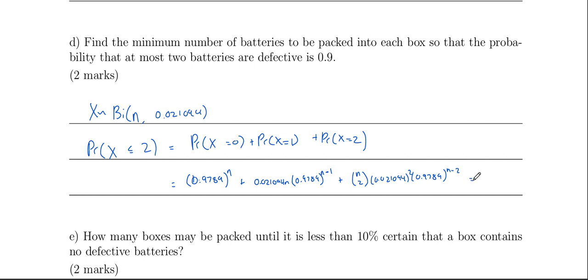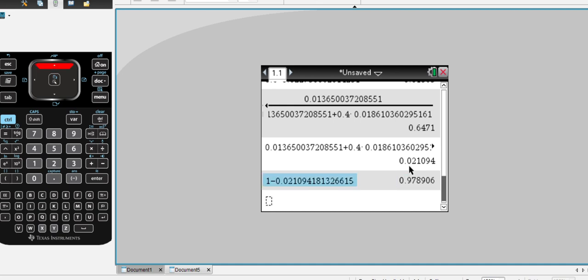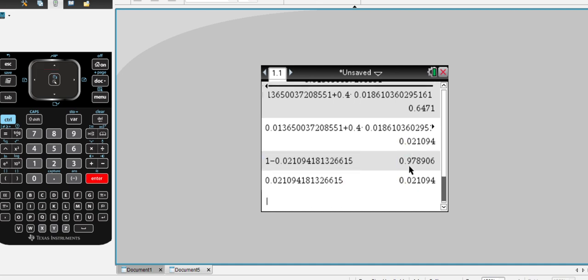All right, so what I'm going to do is enter this here.